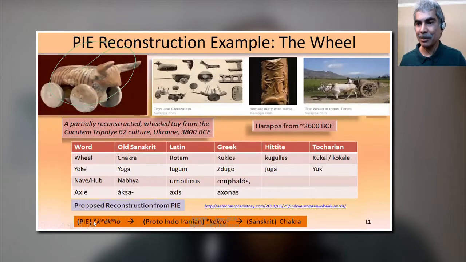Whenever you see a star in a word, it means it is not a real word. It is not something that somebody has spoken. It is a reconstructed word, something reconstructed in academia. So from the *kweklo word, it gave rise to the Proto-Indo-Iranian word *kakro, which is also a reconstructed word. And that gave rise to the Sanskrit word chakra. So this is one of those proposals.